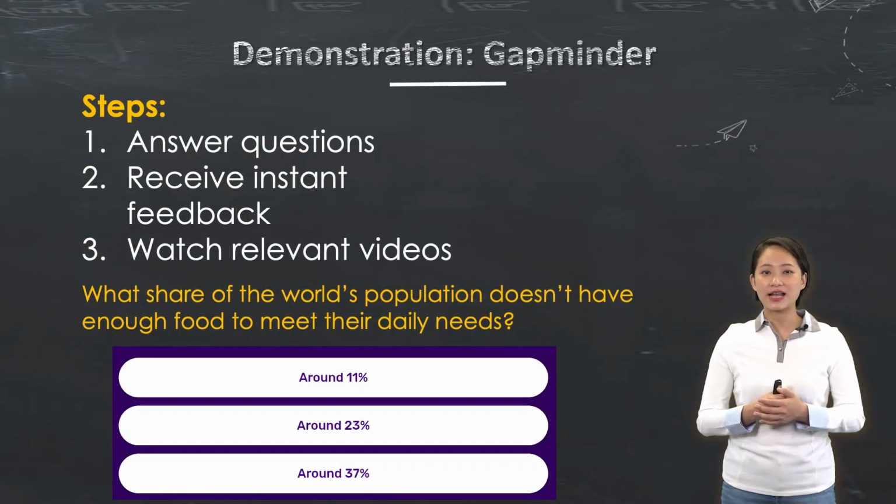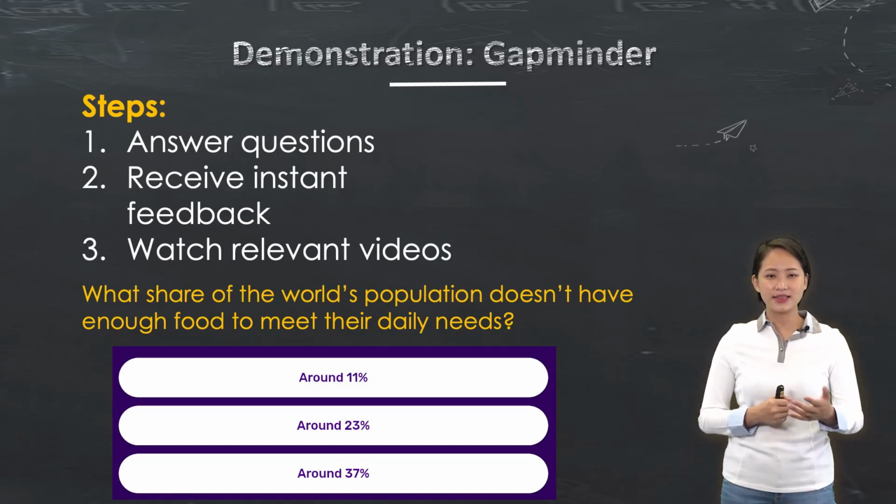And so when you enter Gapminder, you will see a question similar to the ones on the bottom. So let's look at the question together, shall we? And have a little game. What share of the world's population doesn't have enough food to meet their daily needs? Is it 11%, 23%, or 37%?